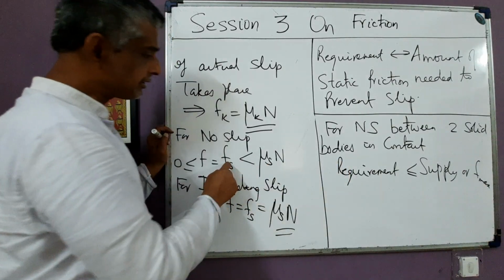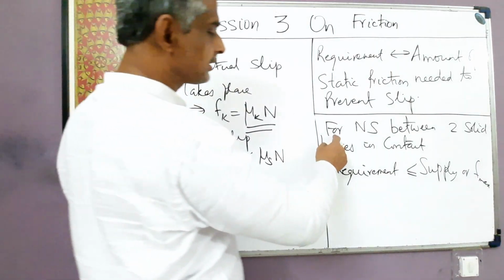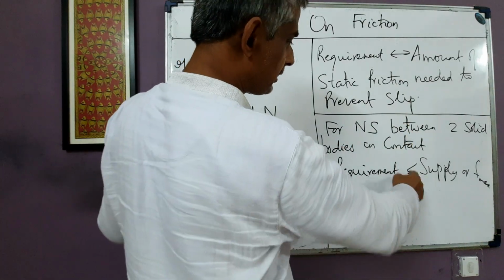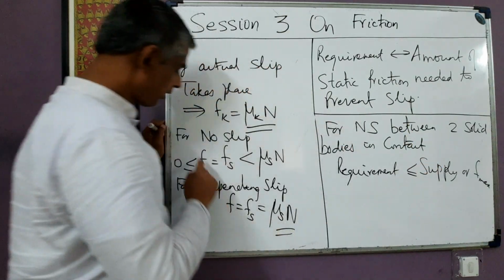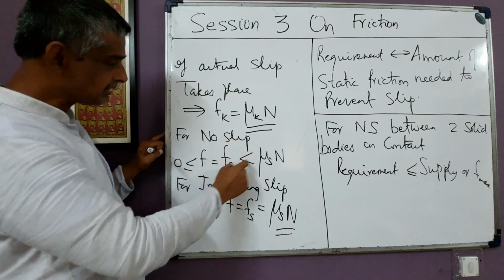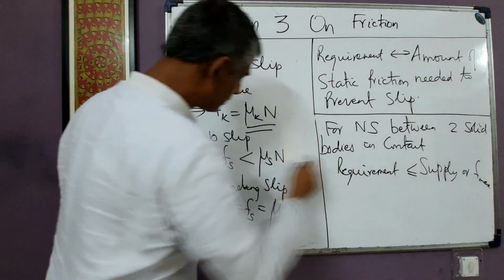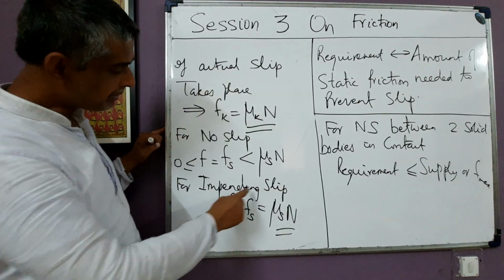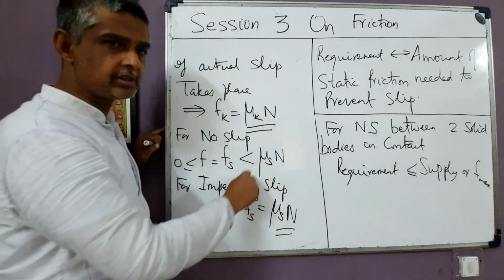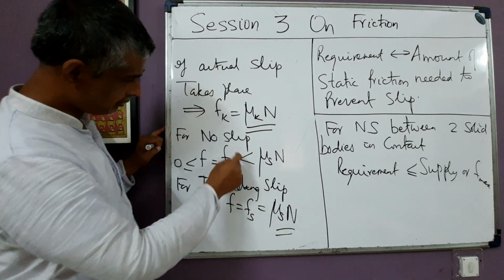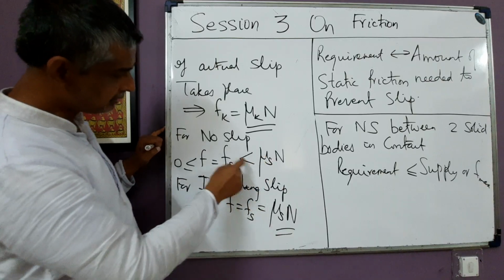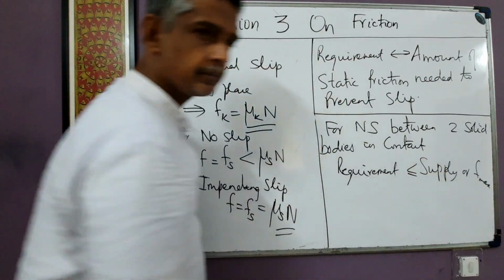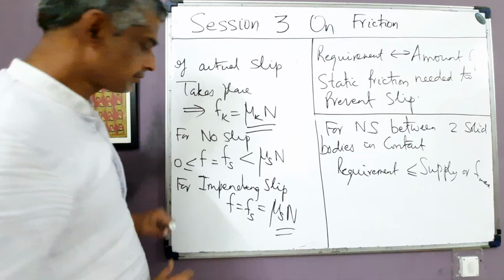They appear to be mutually contradictory, but impending slip I have counted in no slip itself. So this less than this, or equal to this, is equivalent to less than or equal to this. So there is no problem.